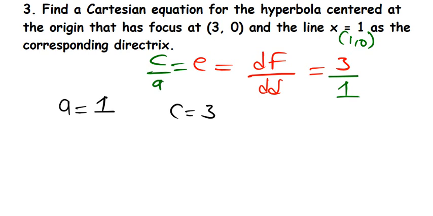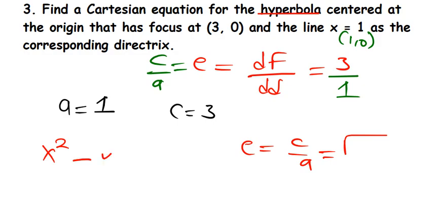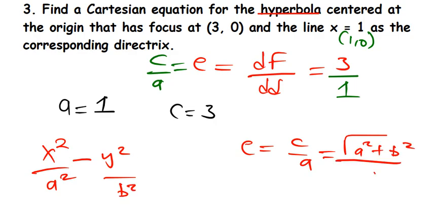What did I tell you? I told you to say e is equal to c over a. What are we dealing with? A hyperbola. What's the basic form of the equation? Is it minus or plus? So this is the negative, and therefore we're going to have an addition there. So c is equal to the square root of a squared plus b squared.